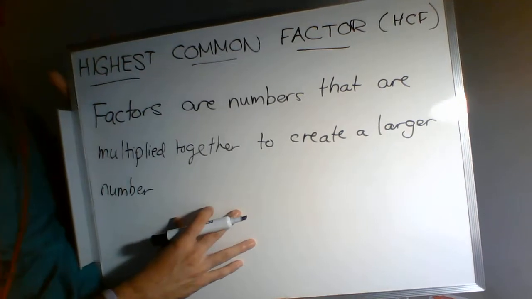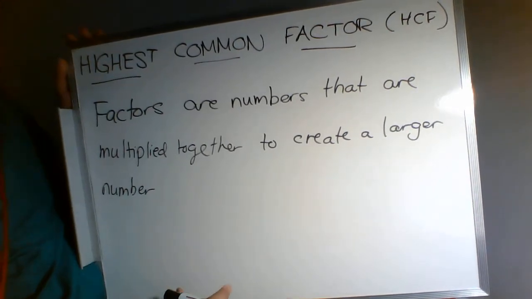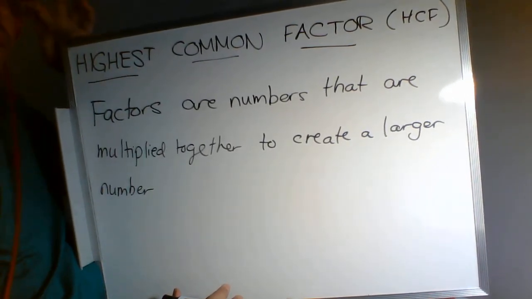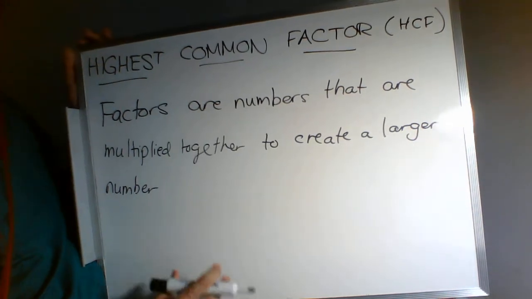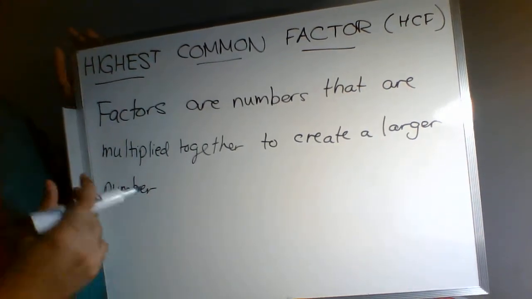So this definition, you can write it down if you wish. You don't really need to, I'm not going to test you on what is a factor, but you should know what a factor is.